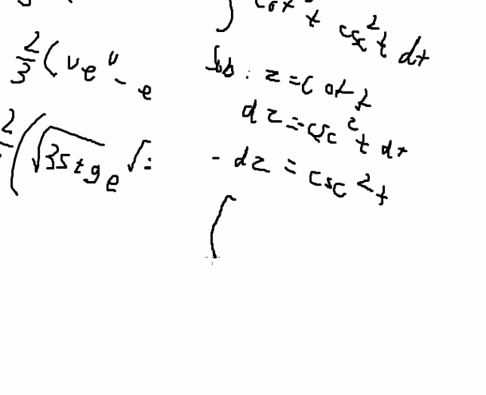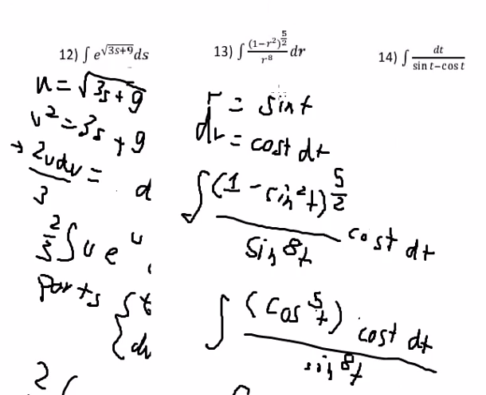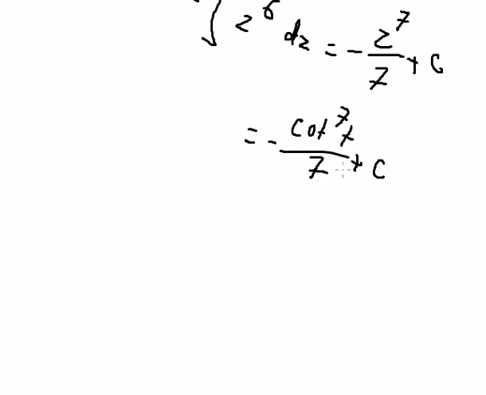So you got z to the power of 6 dz, and we have the negative in here, so you got negative z to the power of 7 over 7, and z we change for cosine t to the power of 7 over 7. About t, that's sine t, so we change back for t equal to arcsine of r. So we put this one in here.